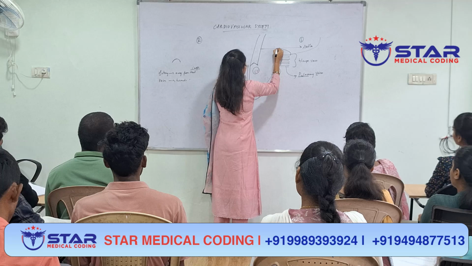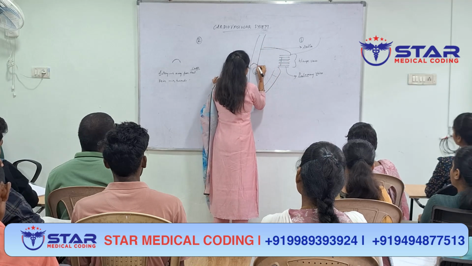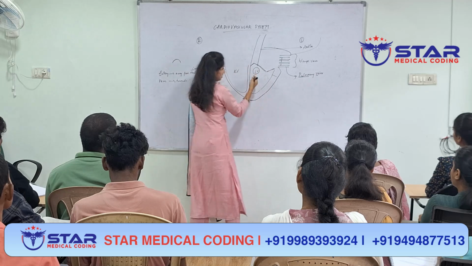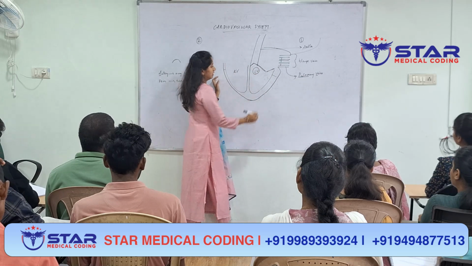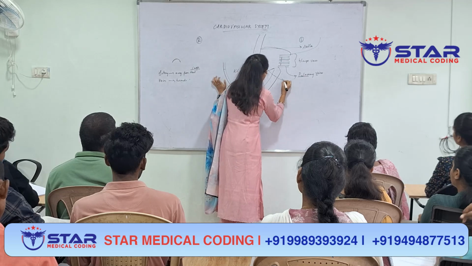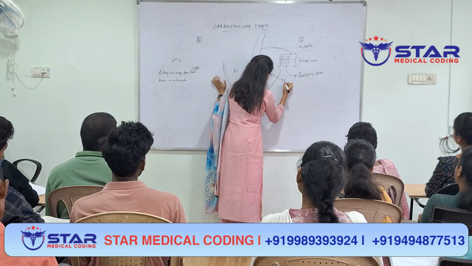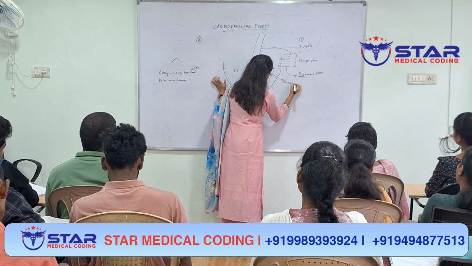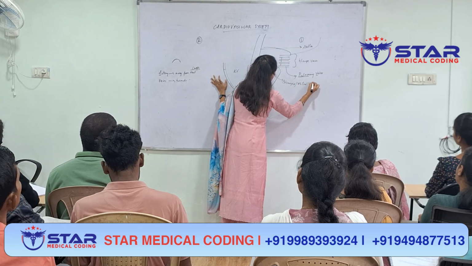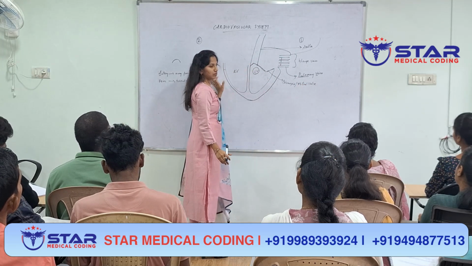Now here, this is being connected to here, where again you have 2 cusps facing towards the downward direction. These 2 cusps are called the bicuspid valve, or mitral valve. Got it?